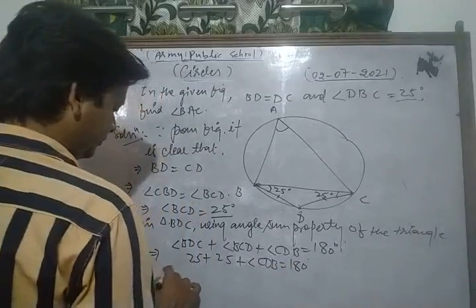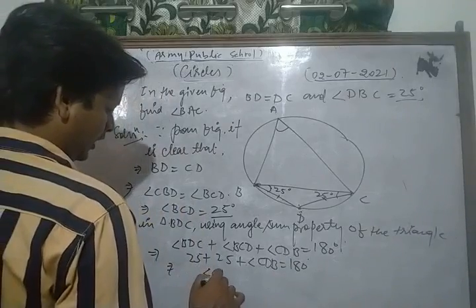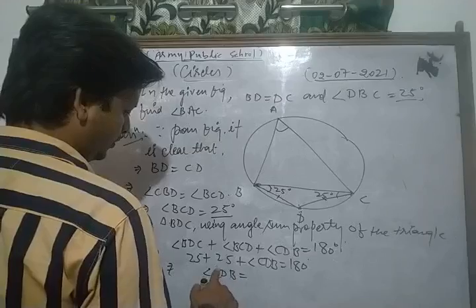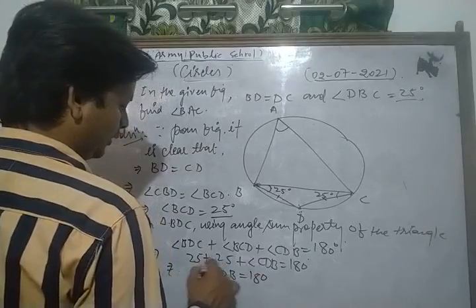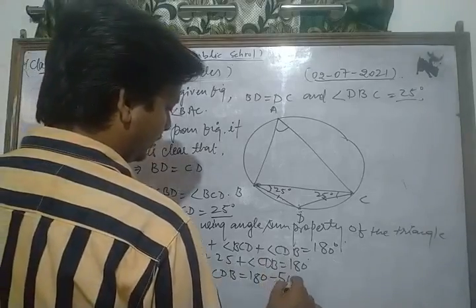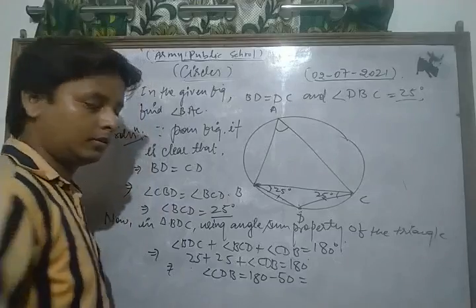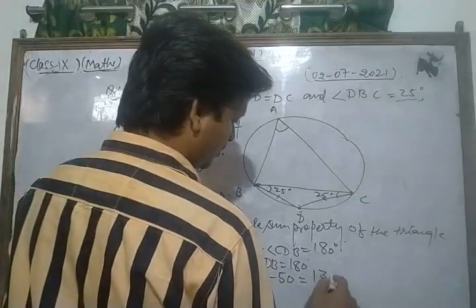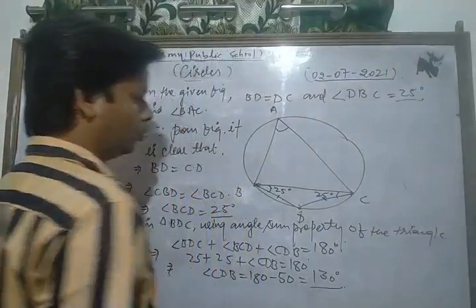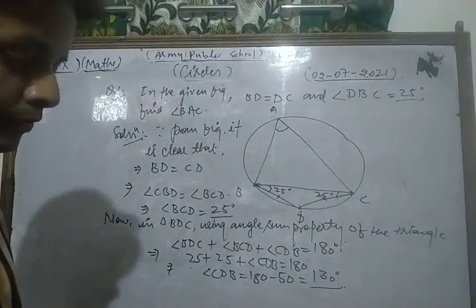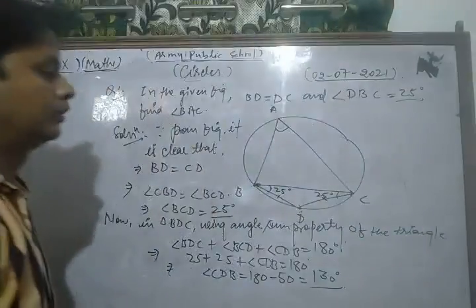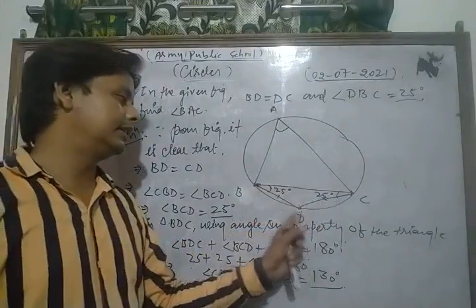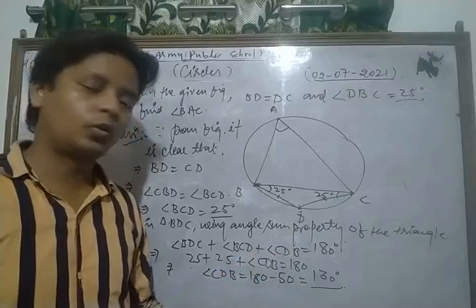From there angle CDB is equal to 180 minus 50, which is 130 degrees. So the value of angle CDB is 130 degrees.